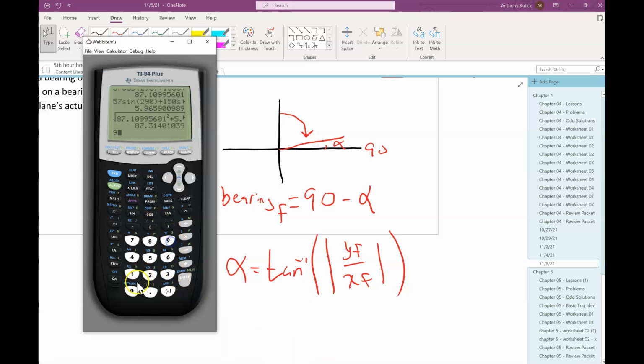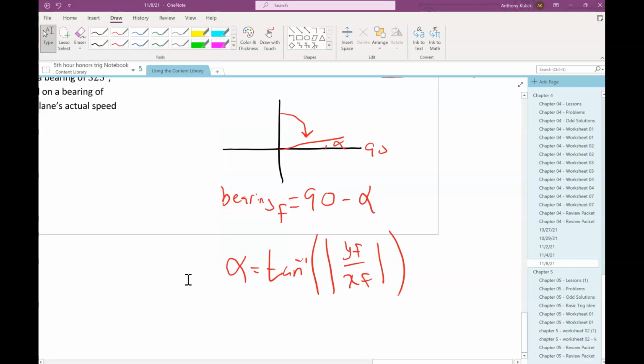So 90 minus tan inverse y divided by x. Notice I didn't worry about the absolute value because everything was positive anyways. So I get about 86.09.